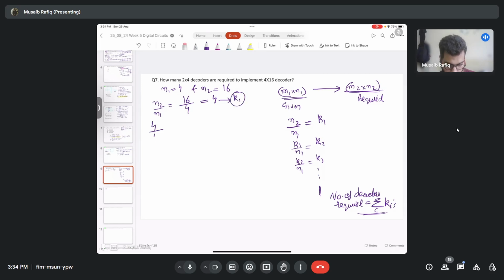Then 4 by 4 is 1, and this is my K2. So the number of 2 is to 4 decoders required to implement 4 is to 16 will be 4 plus 1, that is summation of Ki's, that is 5.